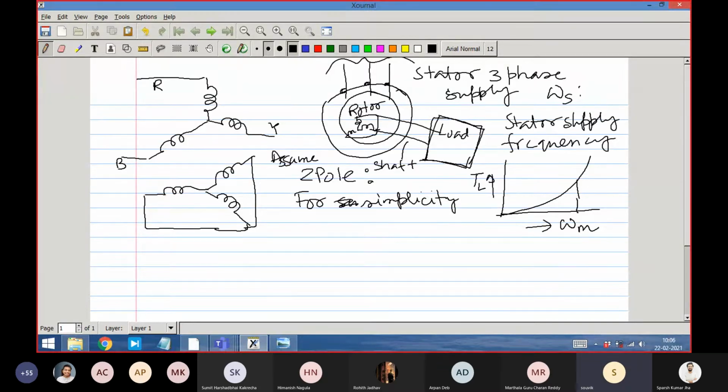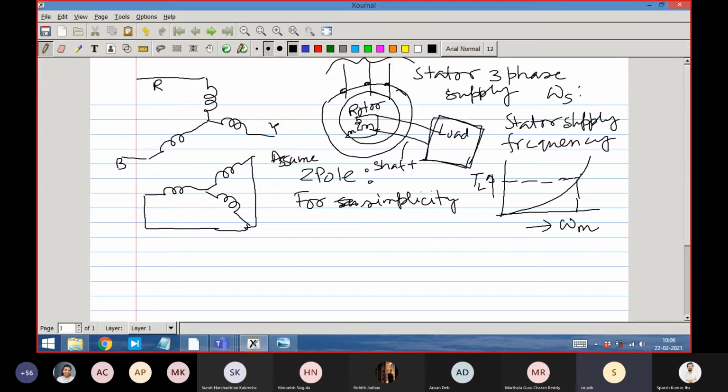If this is the speed omega m1, the corresponding torque acts as a load on the shaft of the rotor. What do you mean by load? Load means it is opposing the intended rotation of the rotor. What makes it rotate in a certain direction is the torque produced by electromagnetic interactions.